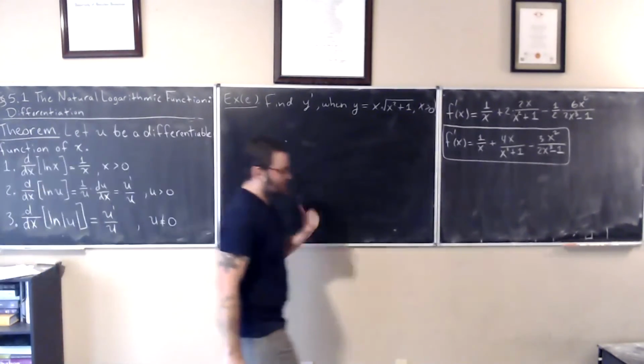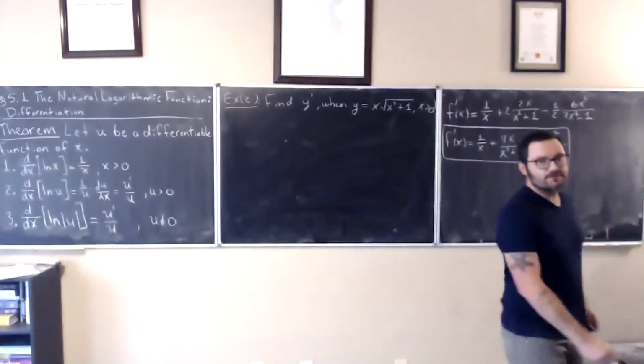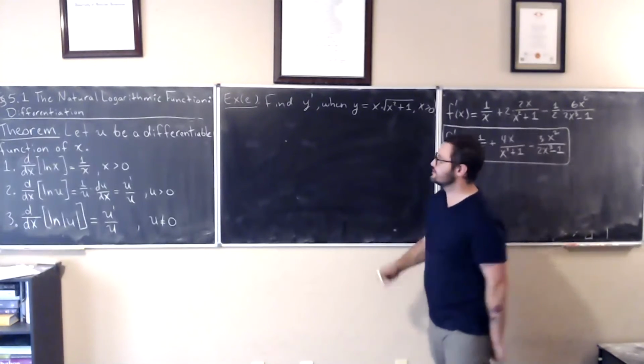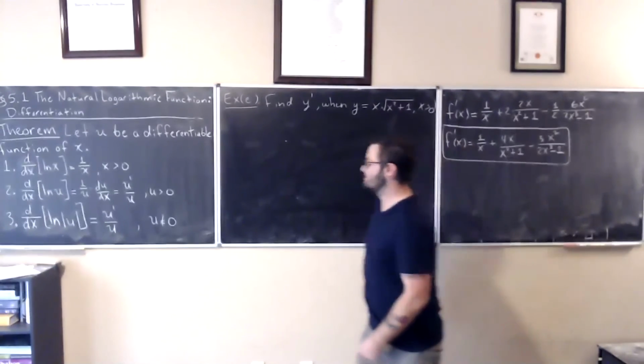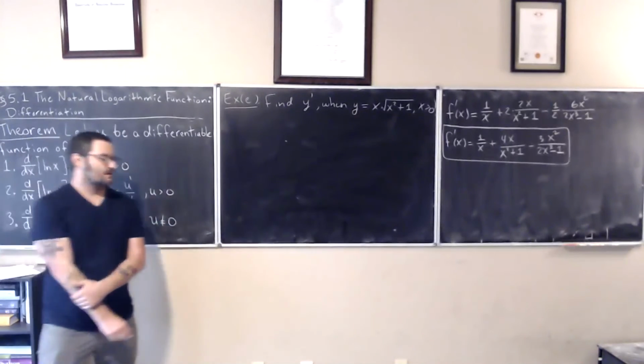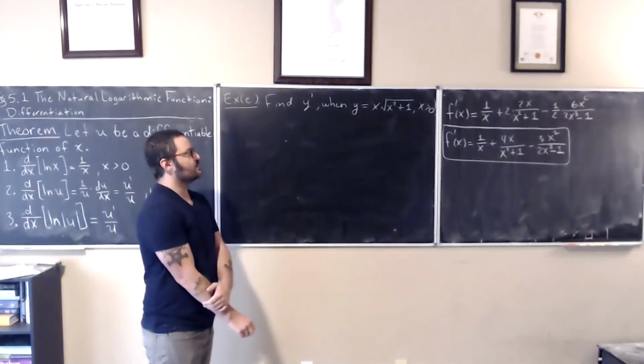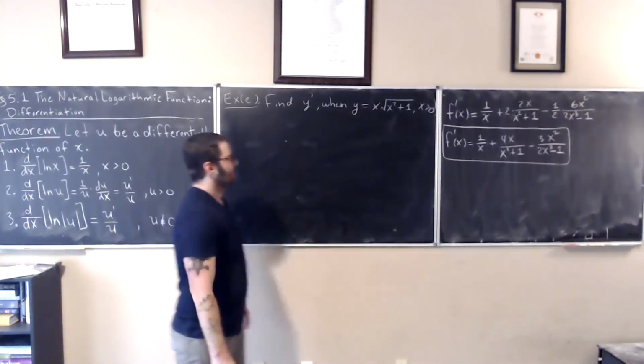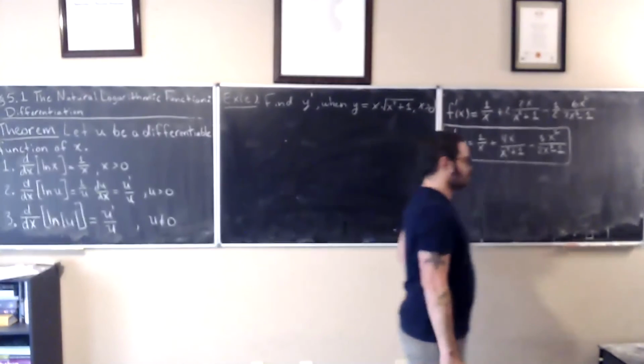So we could use a combination of the product and chain rule to find y prime here, but we can also do this by what's called logarithmic differentiation. This is defined for x greater than 0.